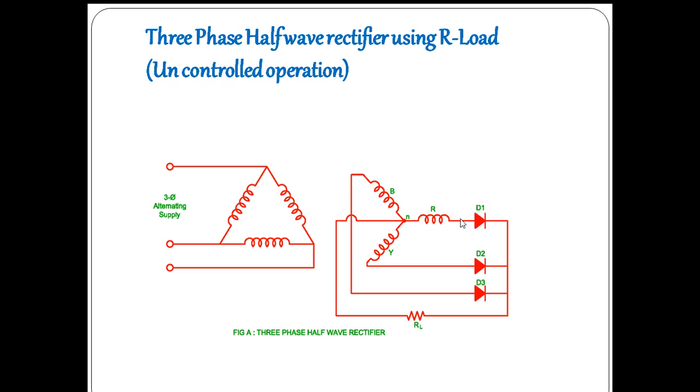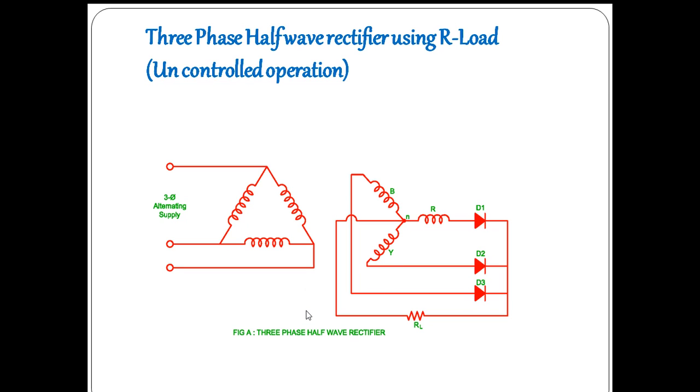Please note this. For a total cycle, we have a positive cycle of 180 degrees and a negative cycle of 180 degrees, total 360 degrees, and we have three diodes. So each diode will conduct for a duration of 120 degrees.